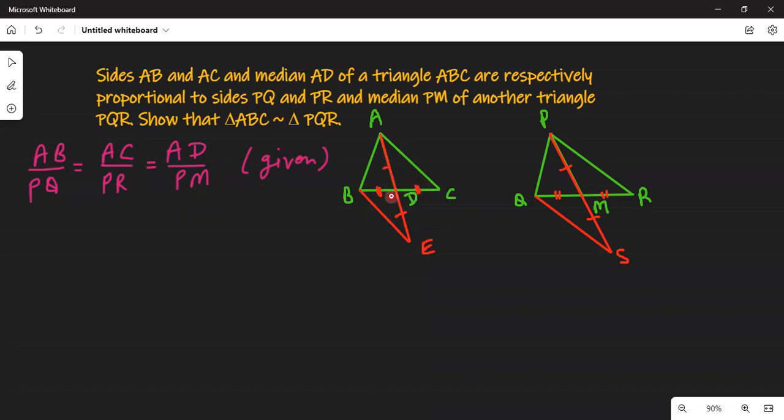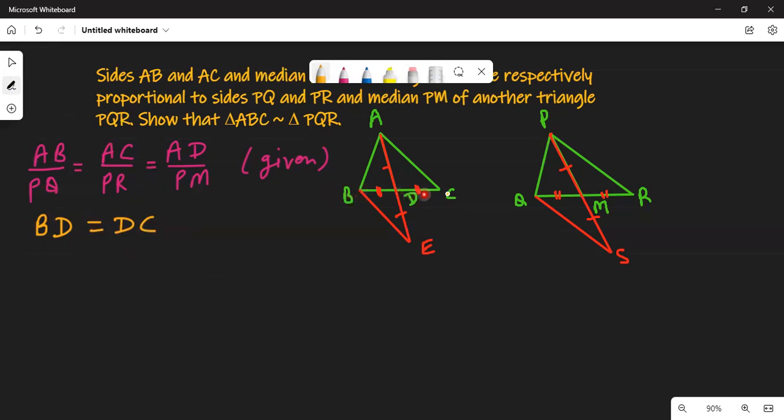Look, side, angle, side: vertically opposite angles, and the two sides are equal. So let's write all that first. BD, D is the midpoint, so BD is equal to DC.